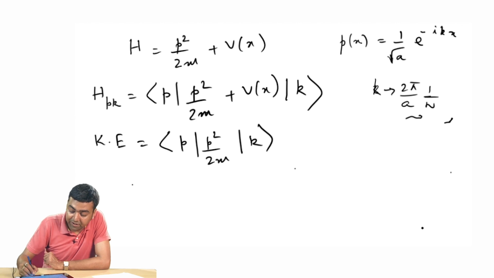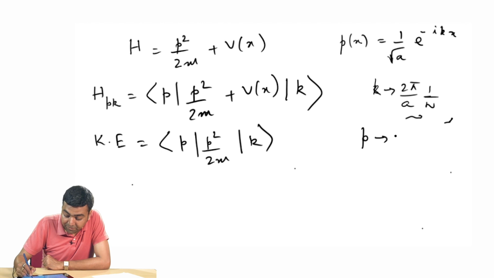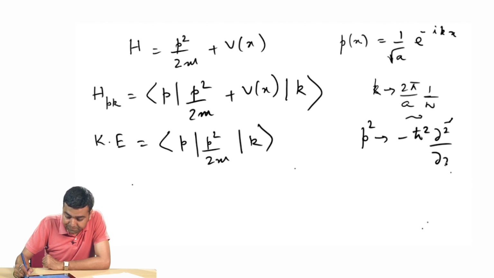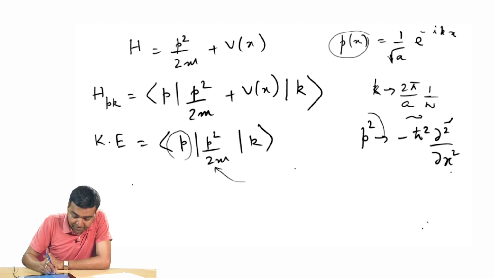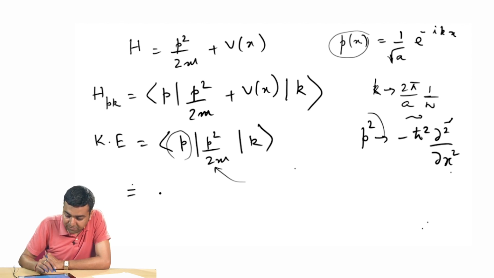Now, the kinetic energy operator p square is given by minus h cut square del 2 del x 2. If I plug this p square into this equation with the functional form of p here, I have to evaluate the following integral.